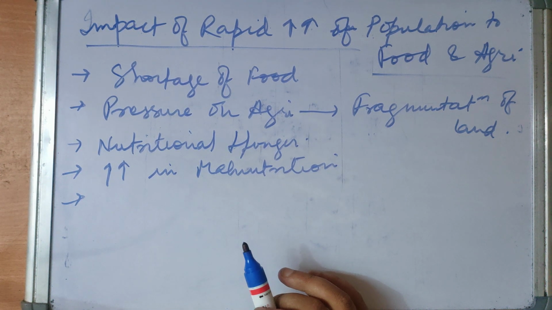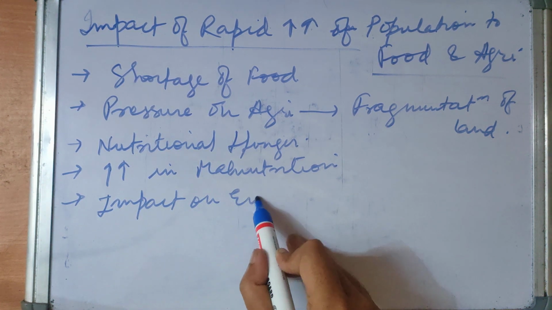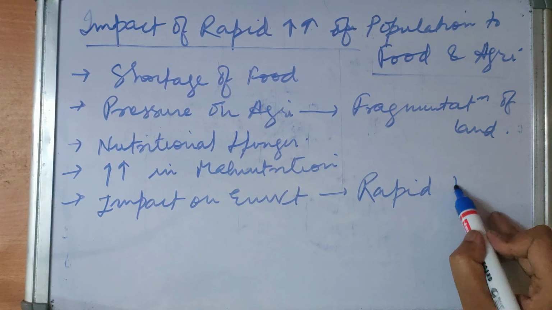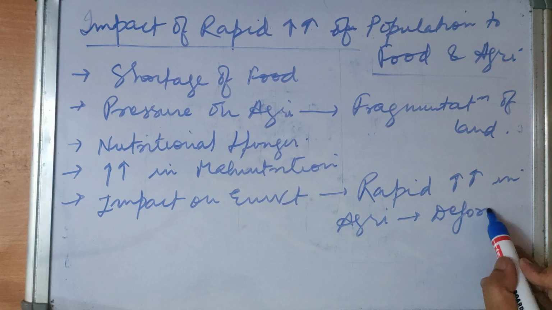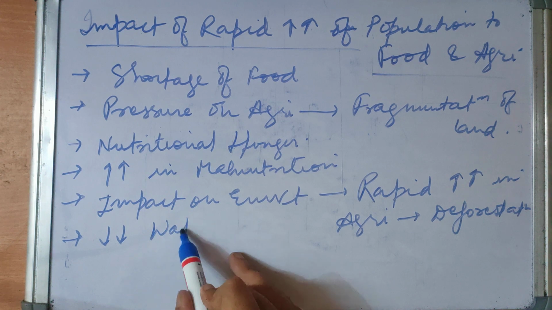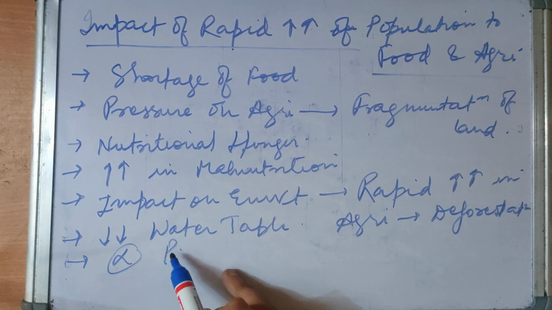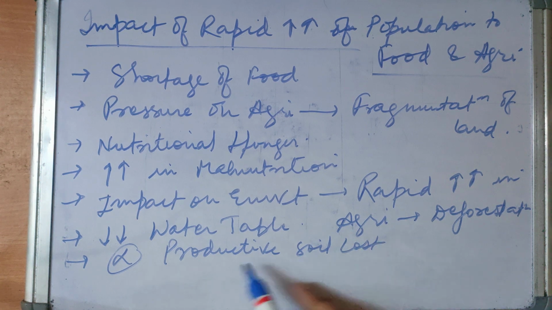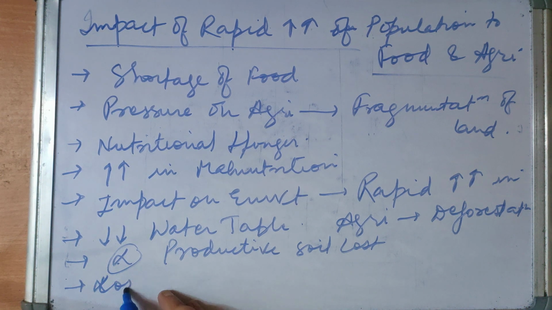Impact on the environment due to rapid deforestation for agriculture. Due to growing population we will need more agricultural land, and rapid expansion of agriculture can lead to deforestation. There will be a declining water table, loss of productive soil, and loss of diversified cultivation.